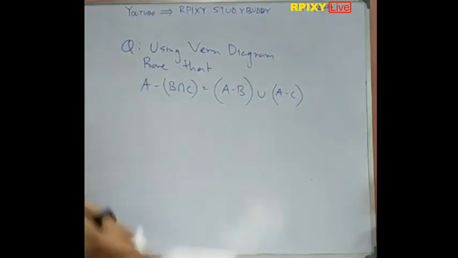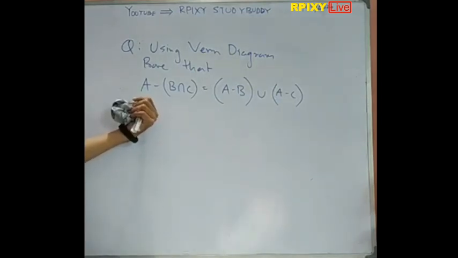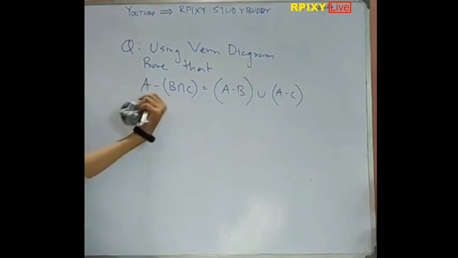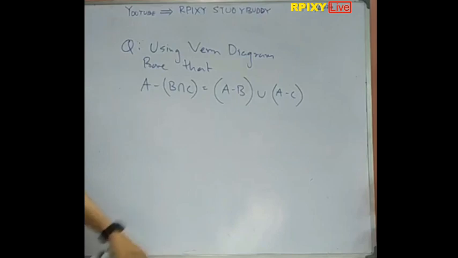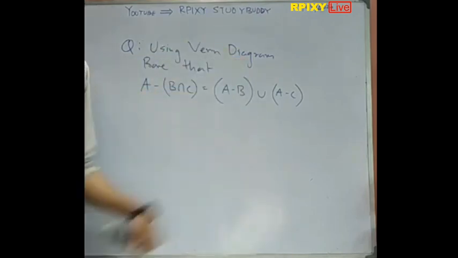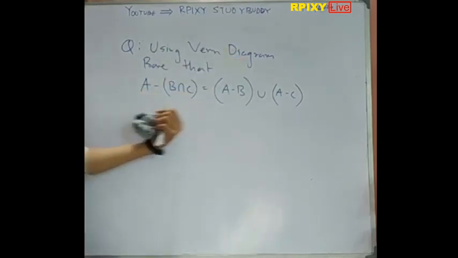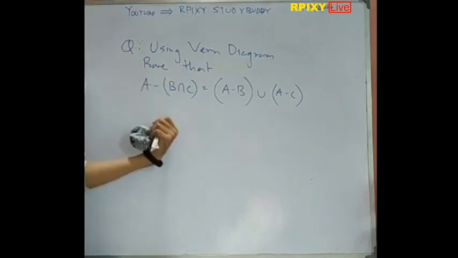This is a question. We already proved that one in the previous example, we proved that relation. But in this case, use the Venn diagram and prove that one. This is an exercise for you. You will try it at home.